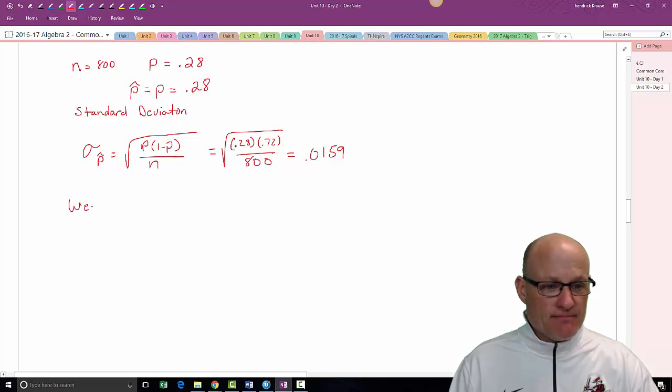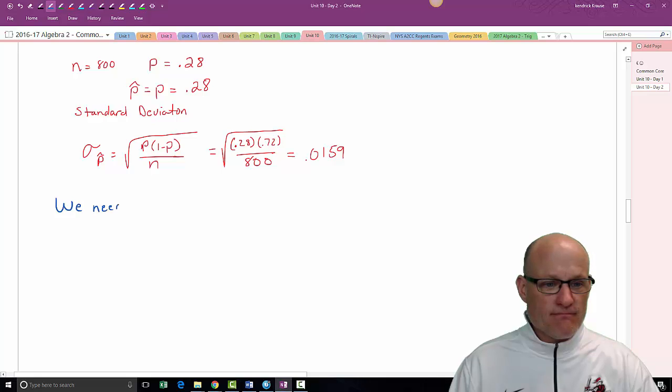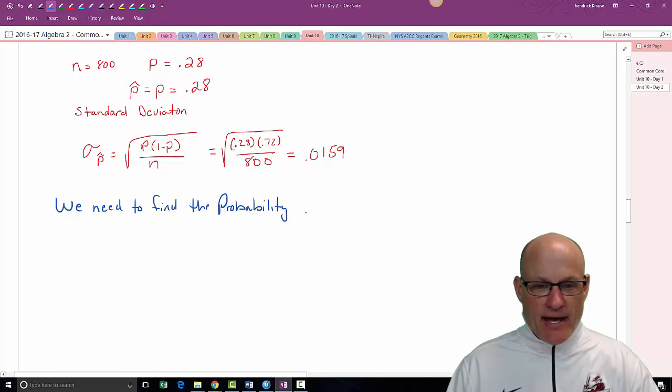We need to find, I'm going to do this in a different color because maybe I'll do my math in red, the probability that P hat falls between 0.25 and 0.31.